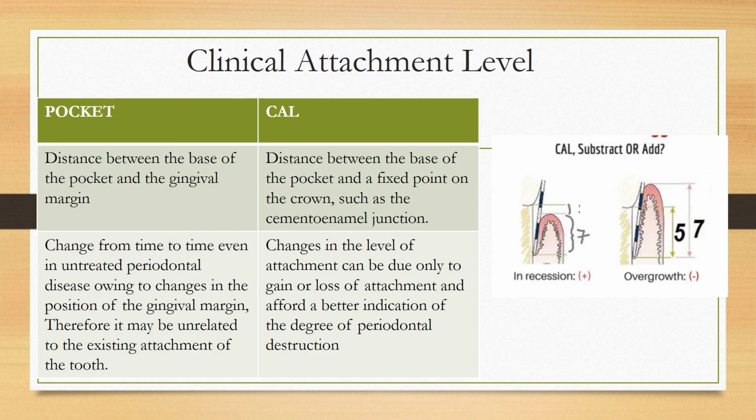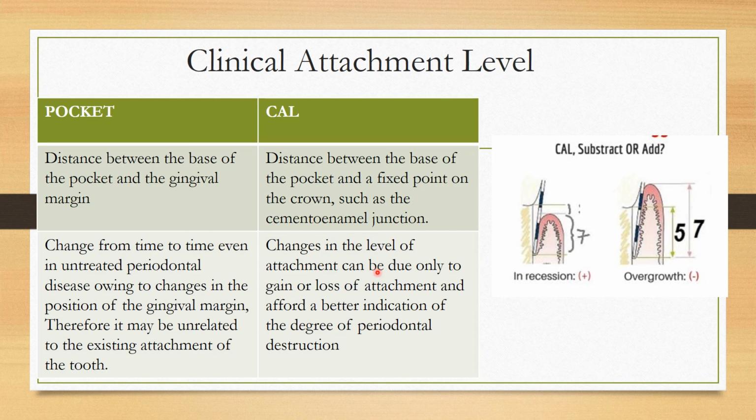Pocket depth is the distance from the base of the pocket to the gingival margin, as you can see in the picture. Clinical attachment level is the distance between the base of the pocket and a fixed point on the crown, such as the CEJ. This has been marked as the clinical attachment level.